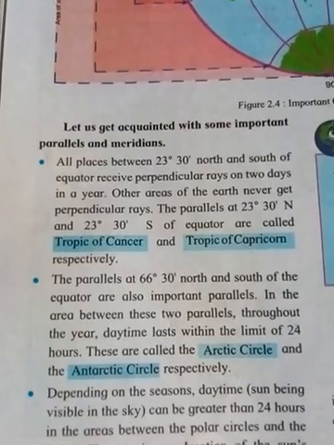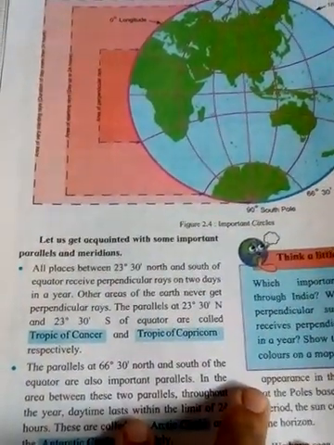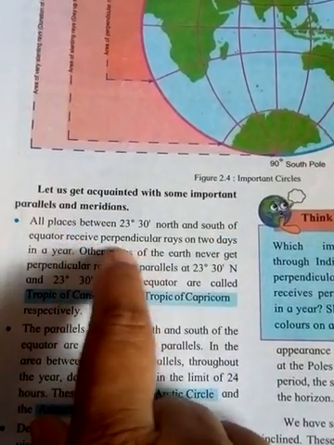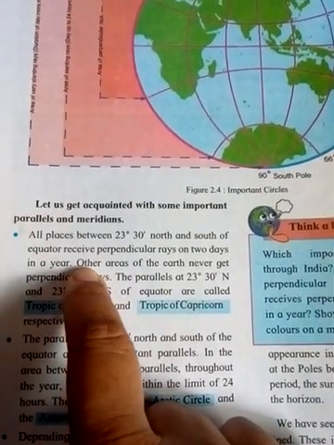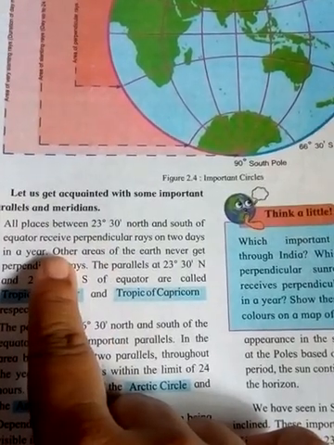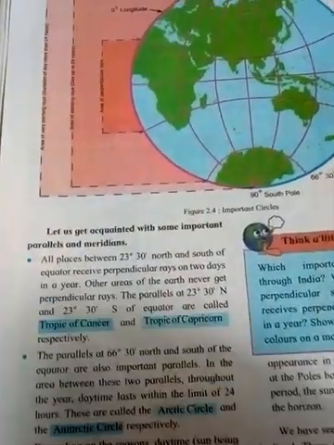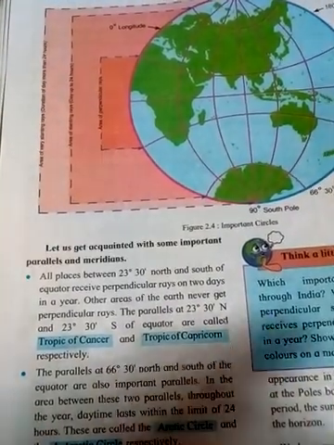In this figure you observe all these things. First let us get acquainted with some important parallels and meridians. All places between 23 degrees 30 minutes north and south of the equator receive perpendicular rays on 2 days in a year. That means on these 2 days, the sun's rays fall perpendicular on the south side or north side.